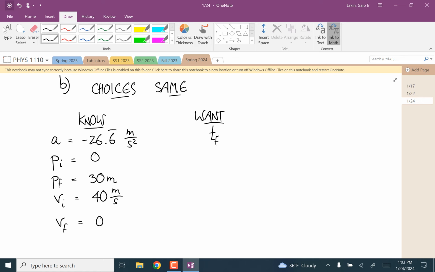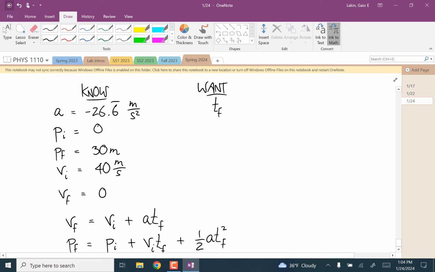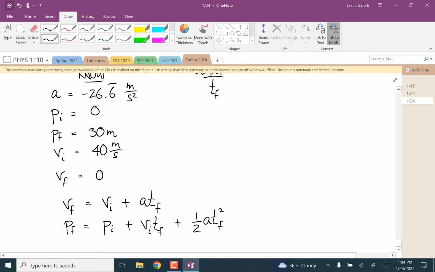Okay, is there an equation that works to solve for time final? Well, let's look at both of these two. V final is equal to V initial plus A TF. And then also let's look at P final is equal to P initial plus V initial TF plus 1/2 A TF squared. What we want is for TF to be in the equation, and everything else in the equation should be listed in the known column.